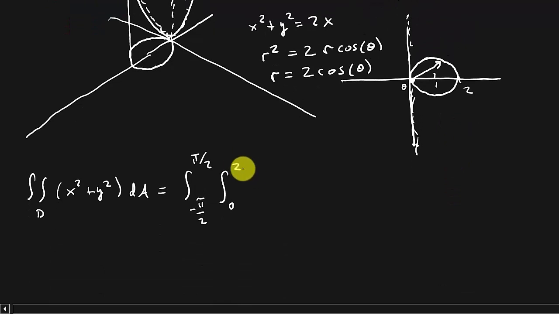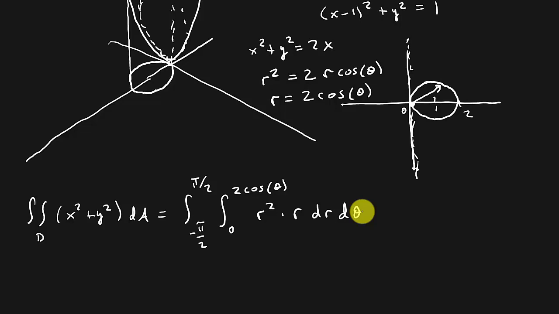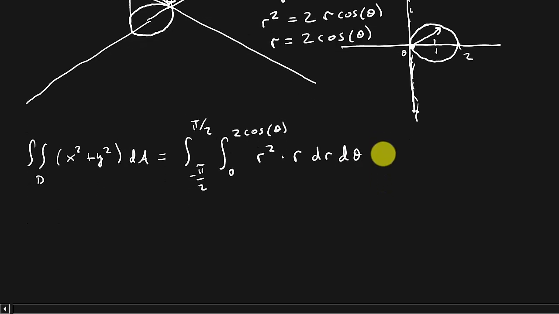Now I need to take this integrand and convert it to polar form. So x squared plus y squared is r squared times r dr d theta. All right. A lot of times on these, that's going to be the toughest thing to do. So some of the time is just setting up the integral.